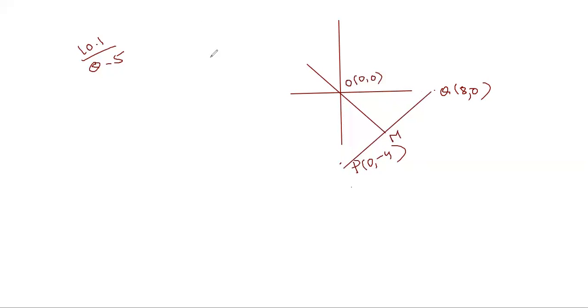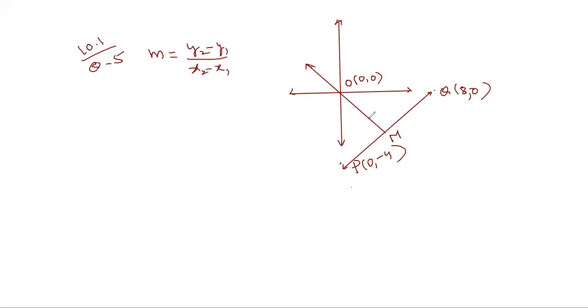And we have to find the slope of this line. The slope of a line is denoted by m, and its formula is y2 minus y1 upon x2 minus x1.